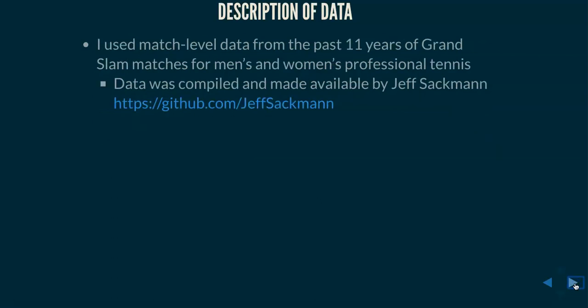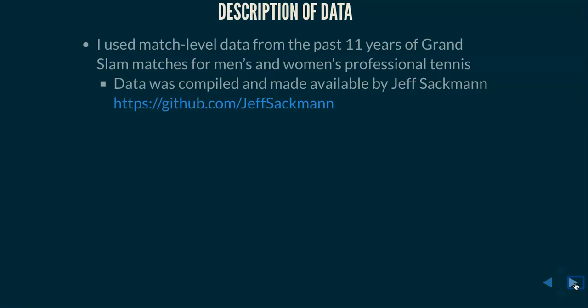So the data we used was match level data from the past 11 years of Grand Slam matches for men's and women's professional tennis. Grand Slam matches are matches from the four biggest tournaments every year, and match level data just means that the statistics generated are over the course of the whole match.